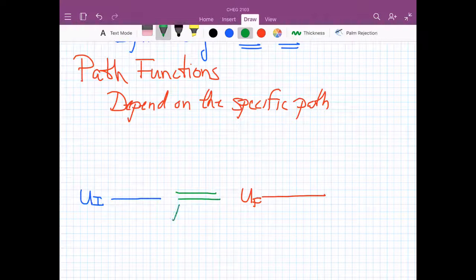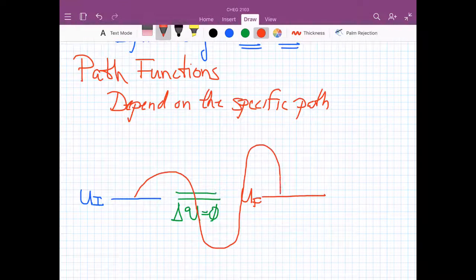So delta U between those two states would be 0. But in order to get between them, I could add a little bit of heat and subtract a little bit of heat and do a little bit of work and remove a little bit of work. So this is Q plus W for path 1.